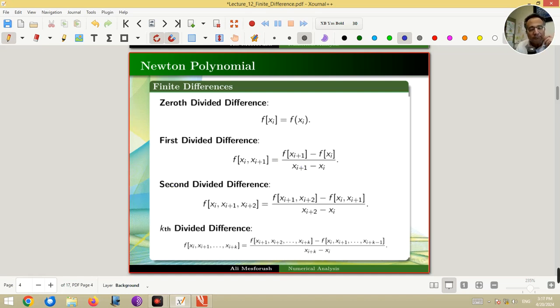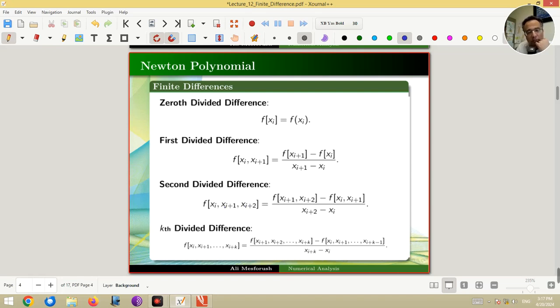Okay? Now, for the second divided difference, we write it in this form: f of x_i, x_{i+1}, x_{i+2}. I say again, put your hand on the first element. What do you see? f of x_{i+1}, x_{i+2}. Write it here. Put your hand on the last term in the brackets.